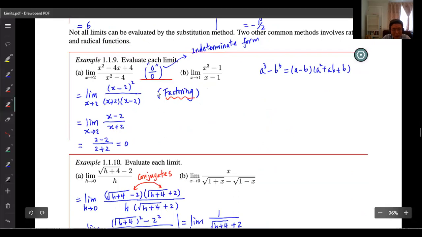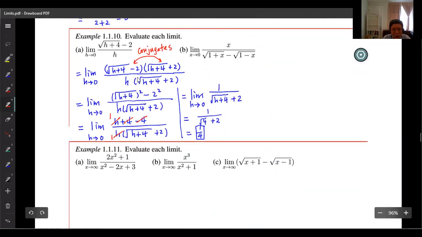Very important, make sure everyone knows. The first one is factoring, for a rational function, or for a radical function, rationalization. These 2 techniques.